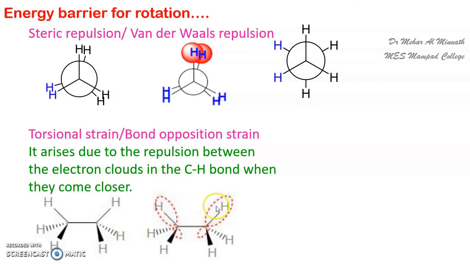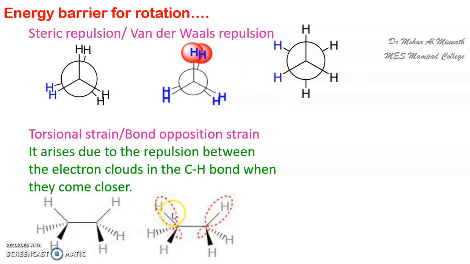So there will be an electron cloud in each orbital, and this electron cloud will repel each other. This is the major reason for the energy increase in the eclipsed conformation.